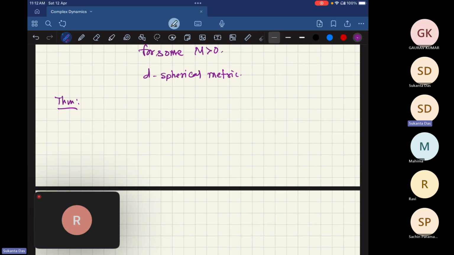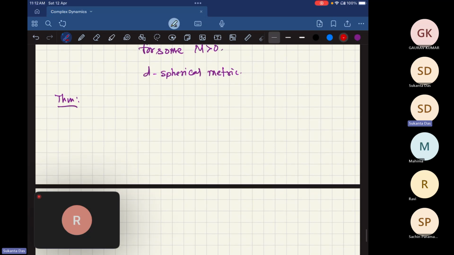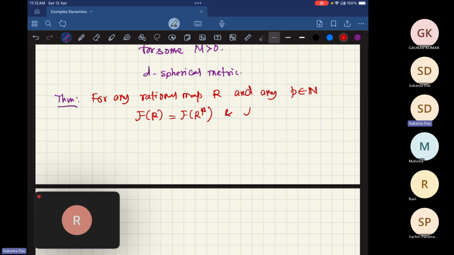Now this is an important theorem, or property, related to the Fatou and Julia sets, so let me state it here. For any rational map R and any natural number n, the Fatou set of R is the same as the Fatou set of R^n.